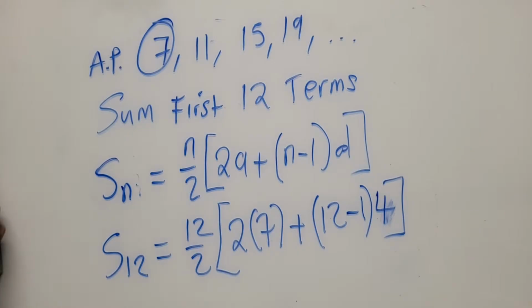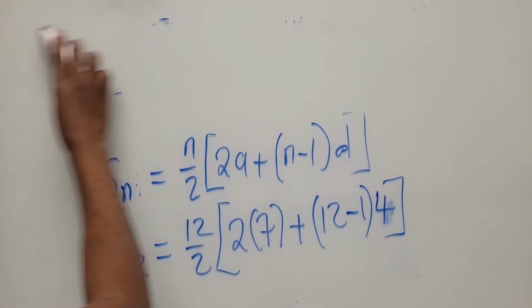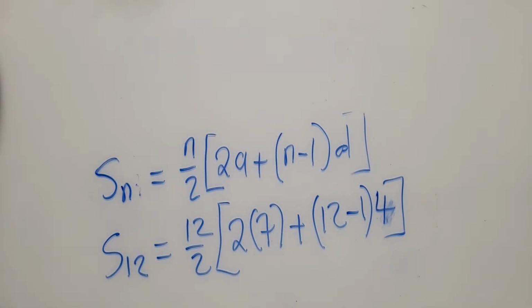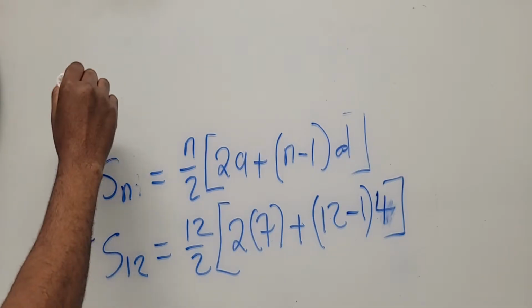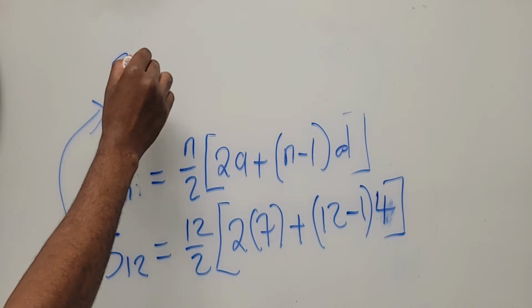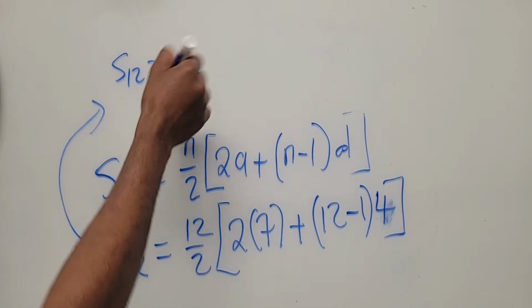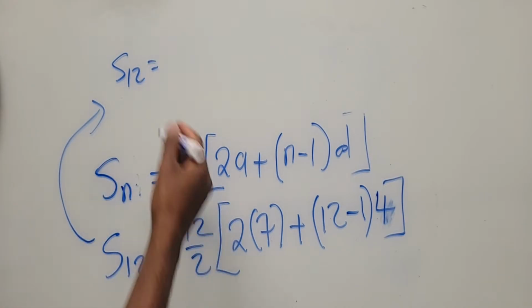Okay, if that is the case, then we can just simplify. So I will erase on top here. Outside, we have 6, because 12 divided by 2 is 6.